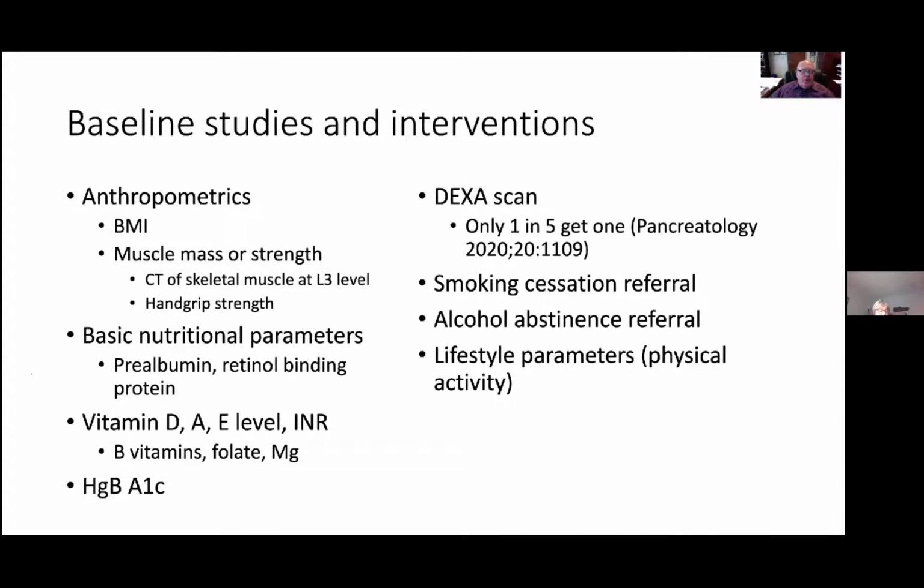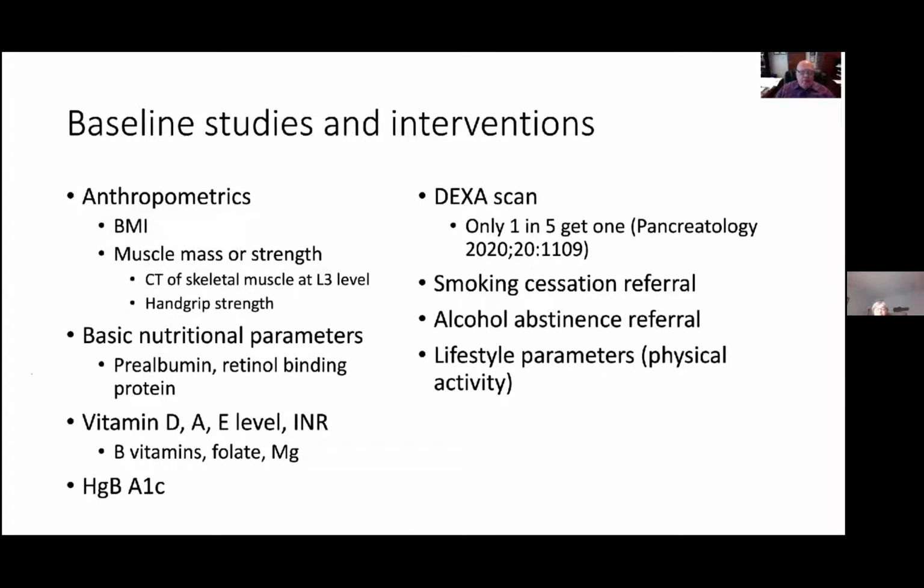Well, certainly anthropometrics is a reasonable thing, at the minimum looking at BMI, trying to make some guesstimate of muscle mass or strength, either by just a visual estimate, or by measuring skeletal muscle mass on a CT scan, or by measuring hand grip strength with one of those dynamometers.